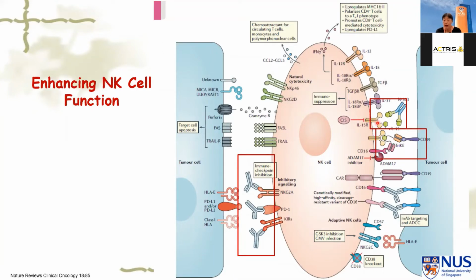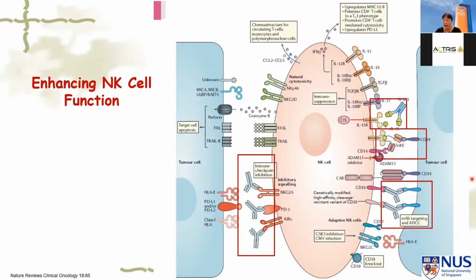And there are also BiKE and TriKE. This is the tri-specific killer engager linking a tumor antigen, here CD19, with IL-15 receptor together with Fc receptor CD16. So quite a lot of efforts are being made here trying to engage NK cells better.